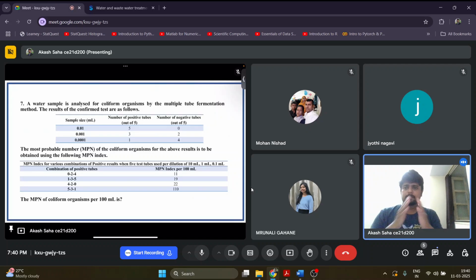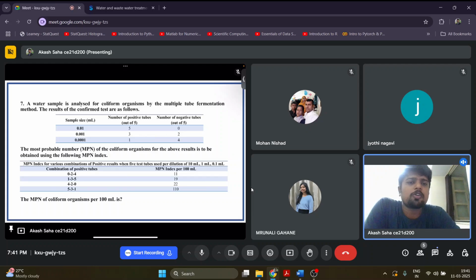It says that a water sample is analyzed for coliform organisms by the multiple tube fermentation method. The results of the confirmed test are as follows. We have sample sizes of 0.1, no, 0.01, 0.001, and 0.0001, and we are given how many positive tubes and how many negative tubes there are.